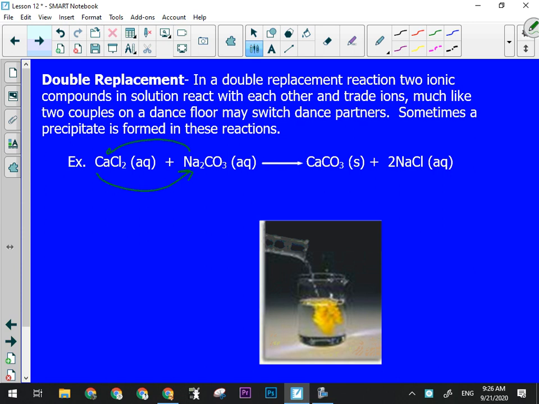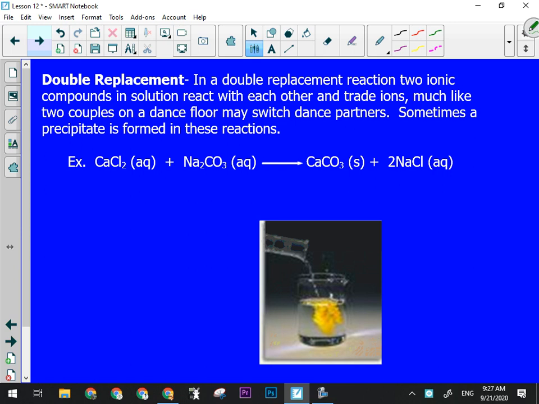So if I am balancing a double replacement reaction, is this reaction balanced the way it's written? Here's how we check. How many calcium here? 1. How many calcium over here? 1. How many chlorines over here? 2. How many over here? 2.